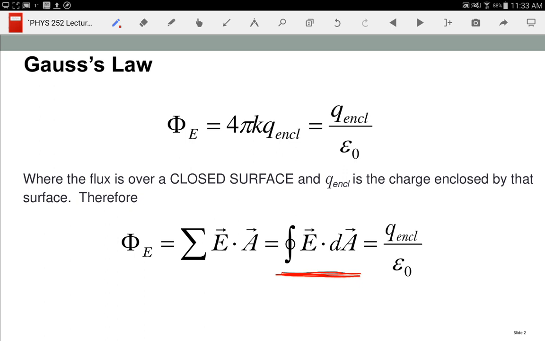So the integral form says that the flux, which is an integral, is equal to the charge enclosed divided by this constant, the permittivity. So if we can calculate that flux, which in your homework problems, they weren't just the simple cases, were they? Everybody say no. In the homework problems that you've been doing on Expert TA, you've had angles that you had to worry about.